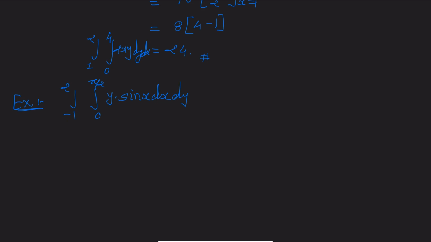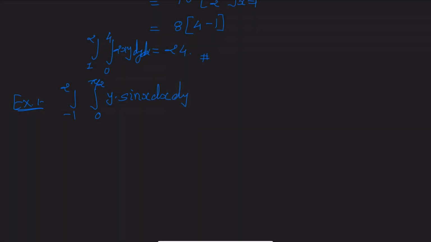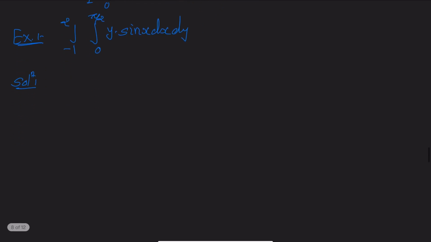So first we integrate with respect to the inner integral, which is x, and then we integrate with respect to y. So in the solution, first we mention what is our x and which are the values of y.